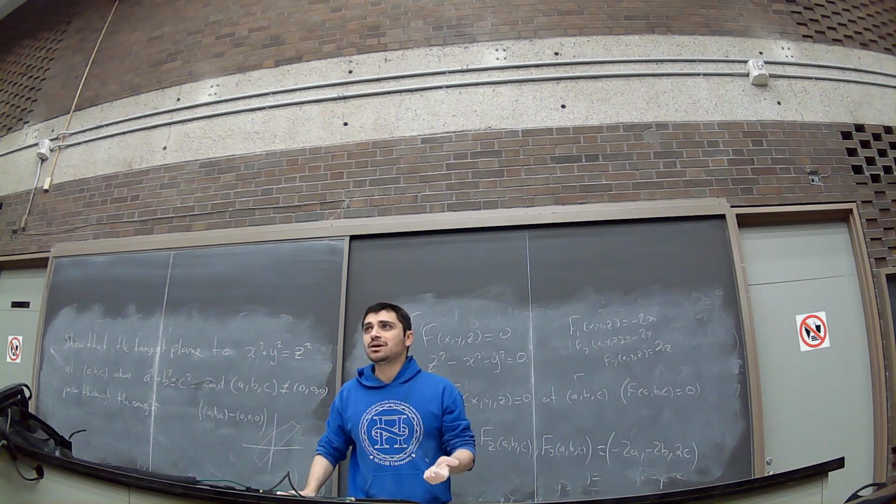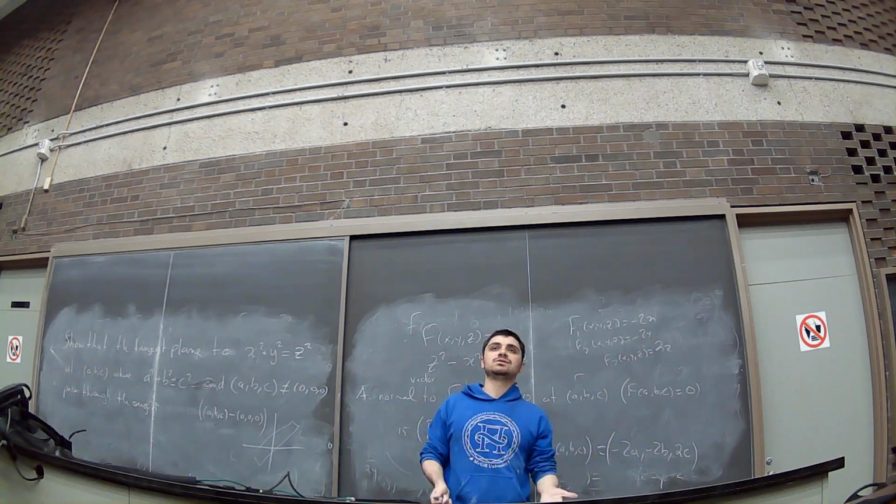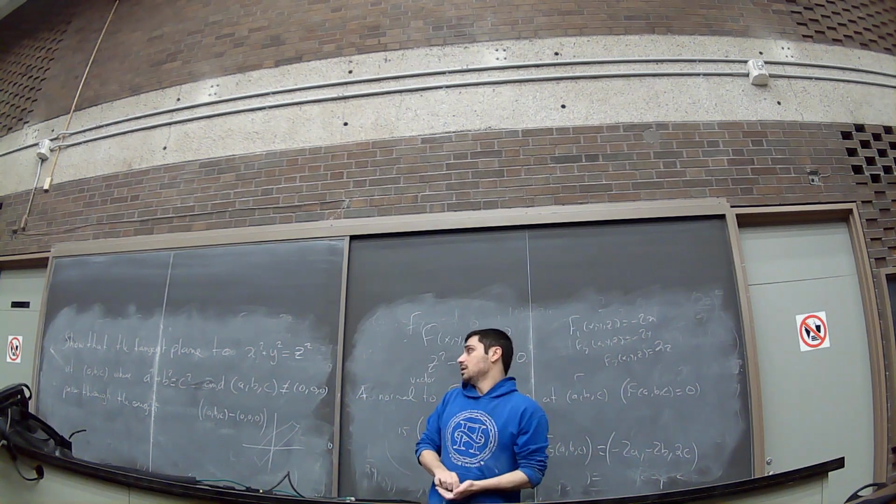Or do you prefer the regular way? The regular way: find the equation of the tangent plane and check if (0, 0, 0) belongs there. Let's do that.